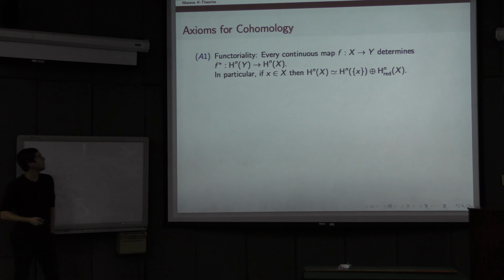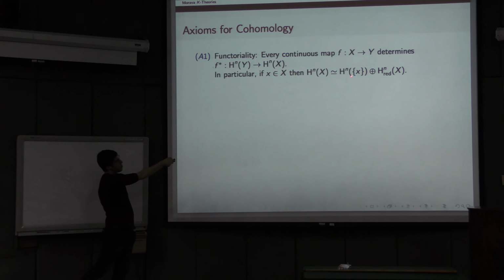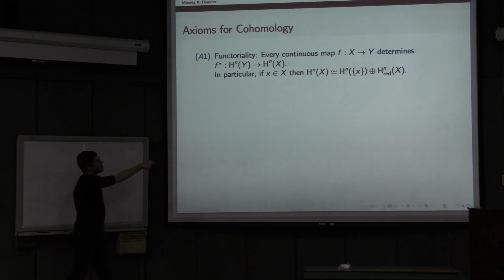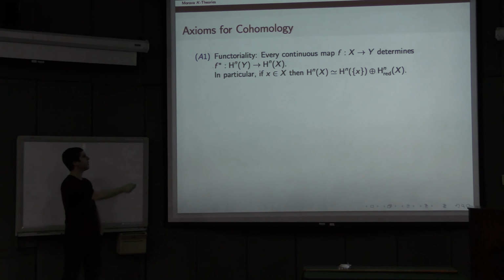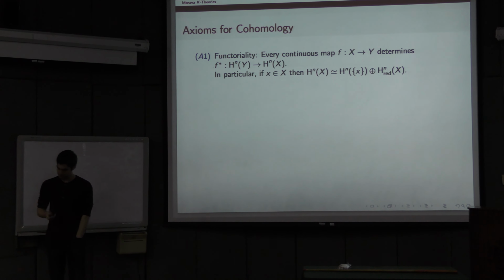So this has a consequence. If you have a space X and you distinguish a base point, little x, that gives you a splitting of the cohomology of capital X into the cohomology of just the one-point space, its base point, plus some auxiliary factor. So that factor is usually referred to as the reduced cohomology of X.